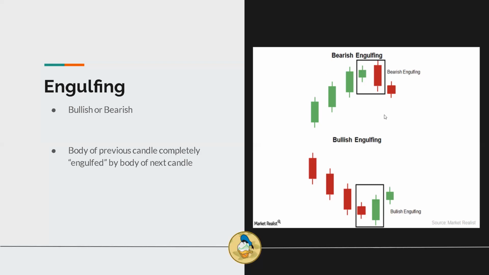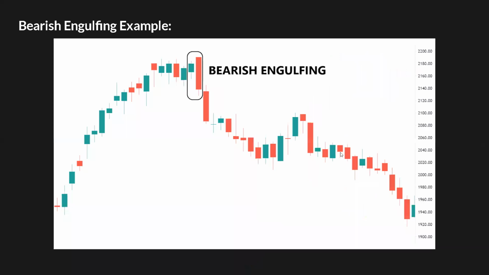It engulfed this candle, right? A lot of the time we'll see this candle and then bearish engulfing. It ate it up, right? This candle is inside of this one and absolutely reversed. Went from an uptrend to a downtrend. We can see this here, and that's a pretty strong push to the downside. We do see this bounce, but reverse to a downtrend overall, right?